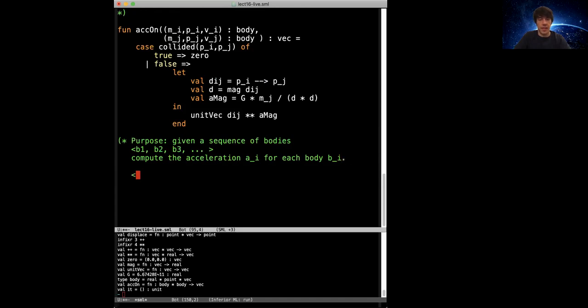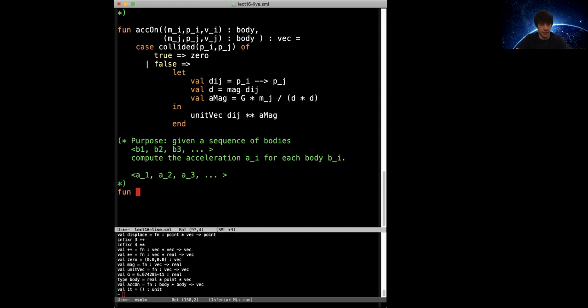So what we want to get out looks like A1, A2, A3, dot dot dot, which is the acceleration on each body. Overall, in order to take the next step of our simulation, we need to know for each body, the sun, the earth, the moon, Mercury, Venus, Mars, etc., the acceleration on that body.